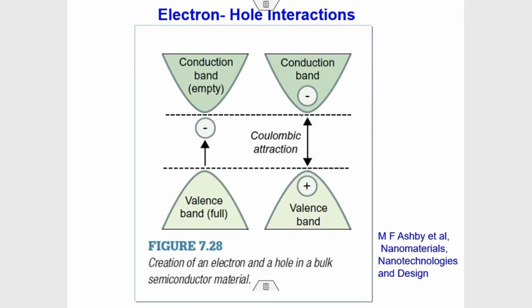Now, but the most important thing is that whenever we are shining a light on the material, electron transitions do happen, and in case of most of the semiconductors, the valence band is full and the conduction band is empty.